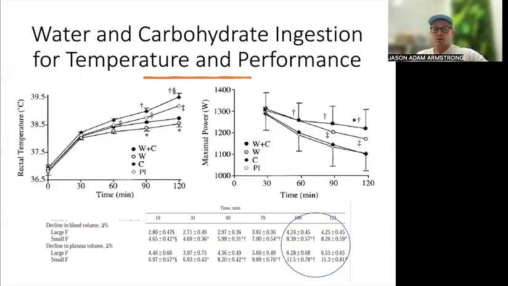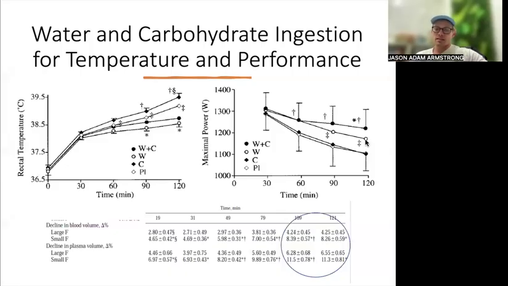For maximal power, right? So now we want to see if maximal power decreases, we want to maintain that. So we see that the group that maintained the best was water plus carbohydrate. So it may be the intensity of activity, right, is more important for carbohydrate than just core body temperature. So again, there's some nuance when we actually look at the literature.